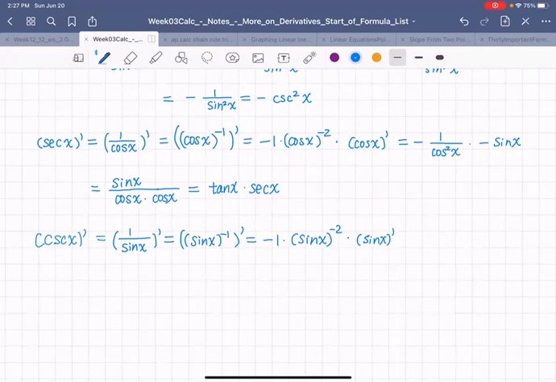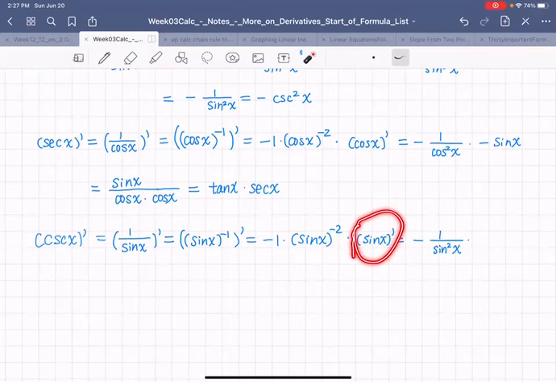Then I think that's equal to -1 over sine squared x times negative sine x.